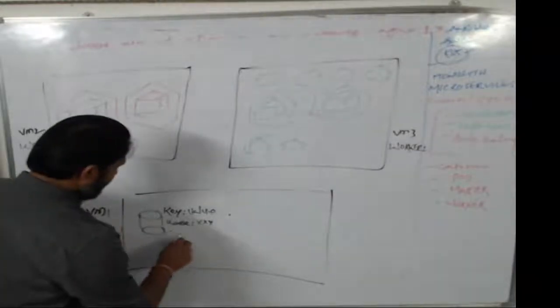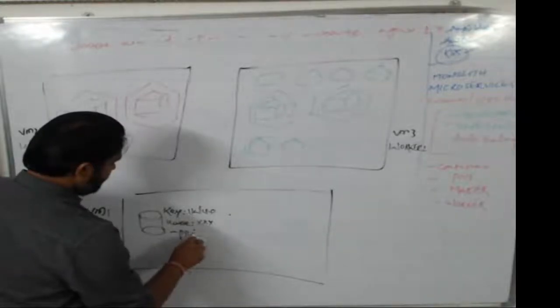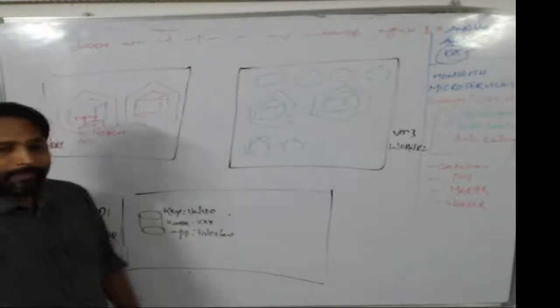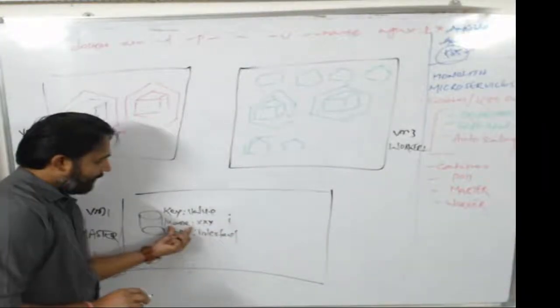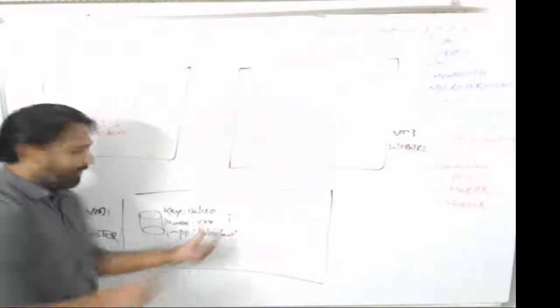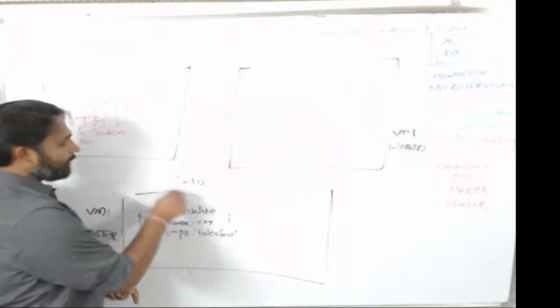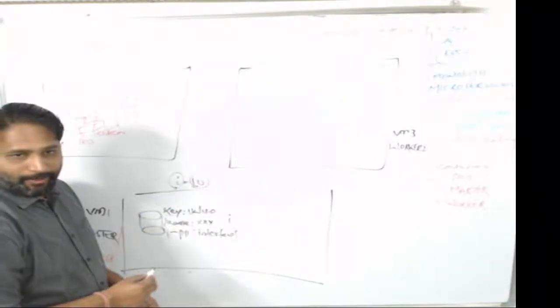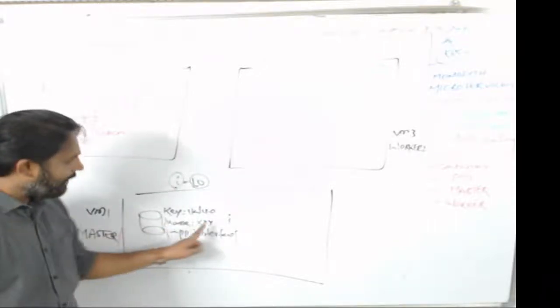Another thing could be app interface. These are called key value pairs. Key value, for example, i equal to 10. i is the key. Value is the value it holds. Very simple concept. Alright? So key value.